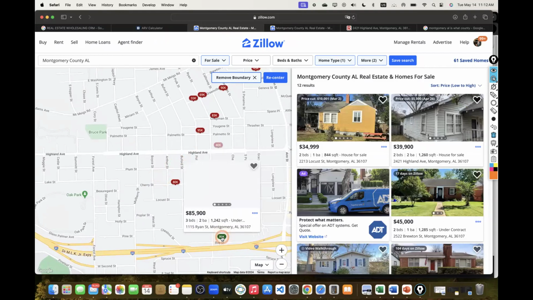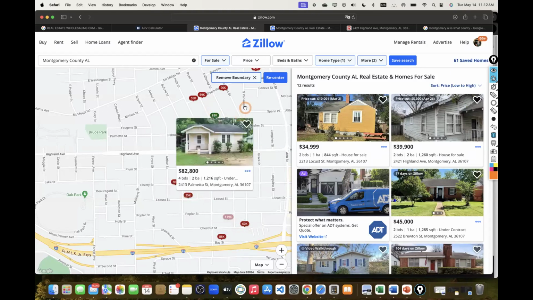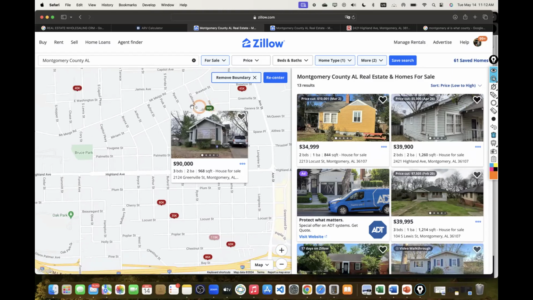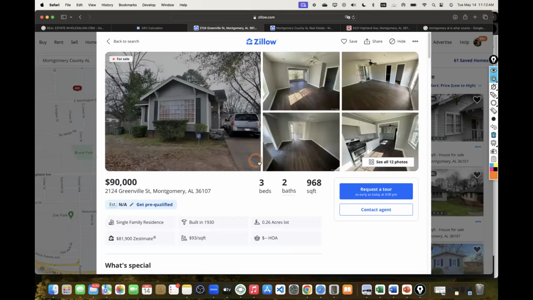Let's see. I'm just looking for updated properties or anything else that is under contract at the moment, because I want to see what kind of activity is happening over here. $90,000. Here's another good one. 968.